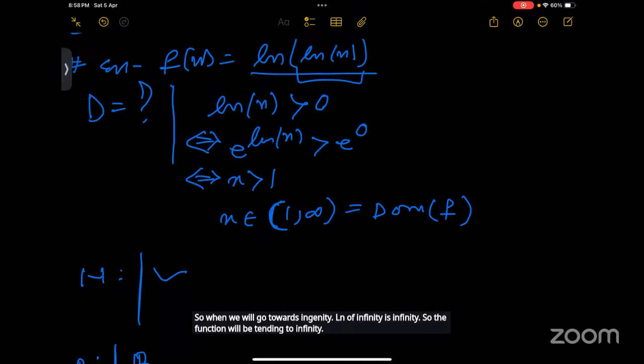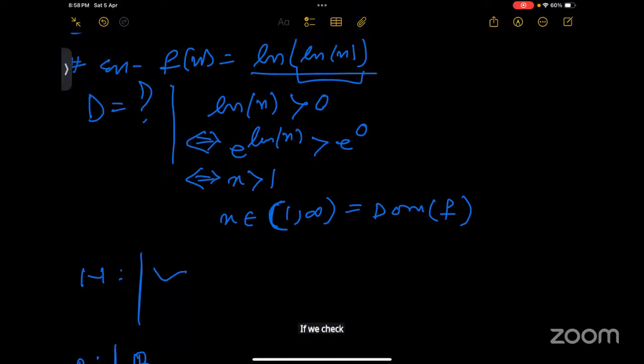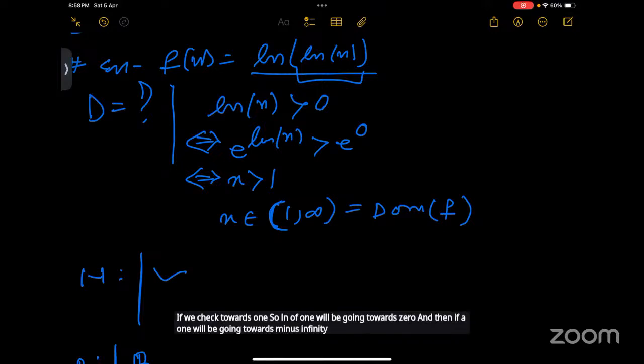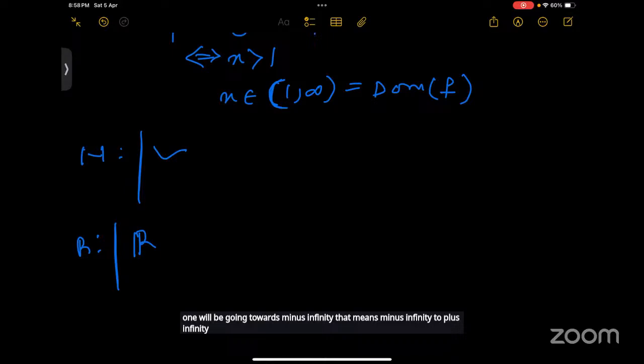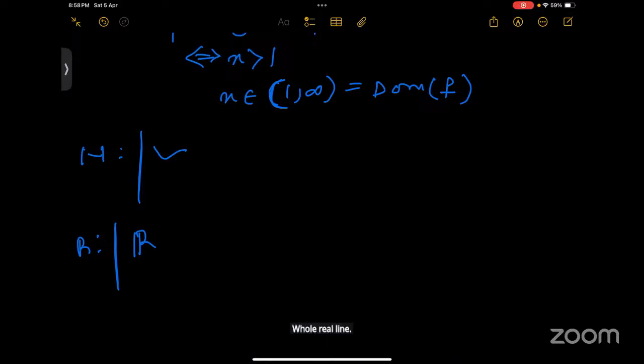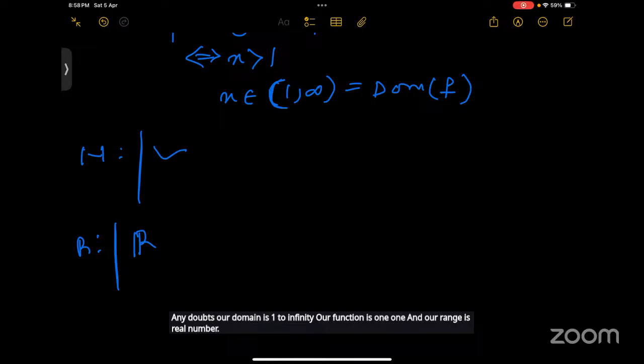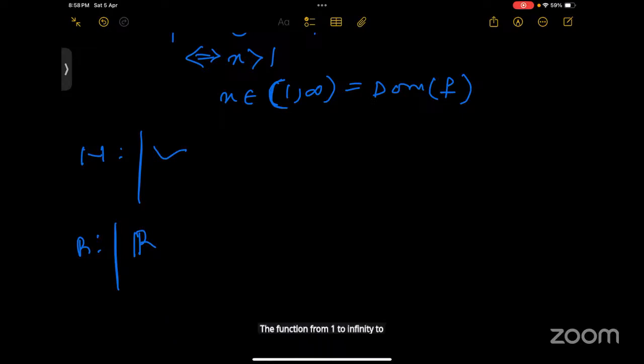Towards 1, ln of 1 goes towards 0, and then f of 1 goes towards minus infinity. So the range is minus infinity to plus infinity, the whole real line. So our domain is 1 to infinity, our function is 1, 1, and our range is real numbers. That means the function from 1 to infinity to real numbers is an onto function, right?